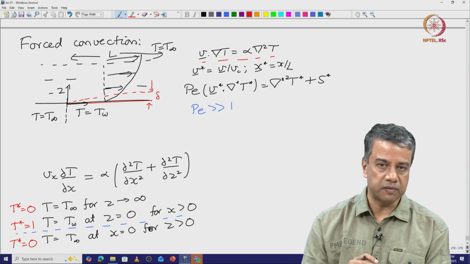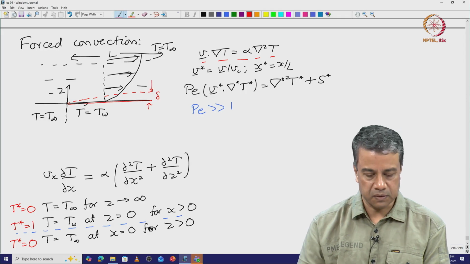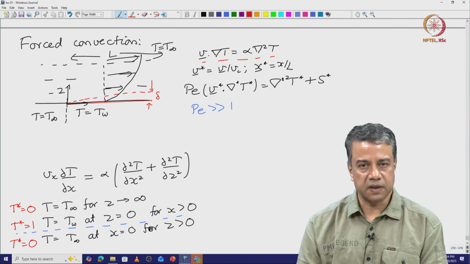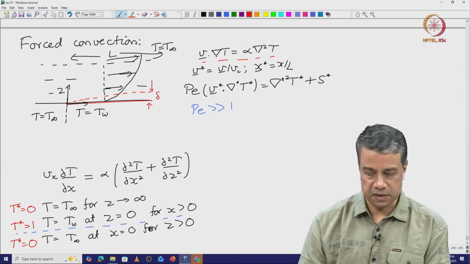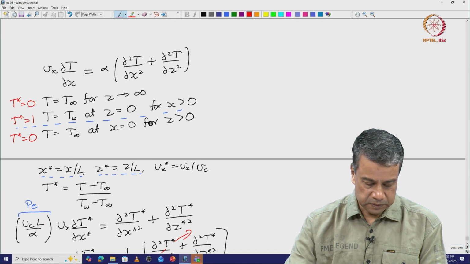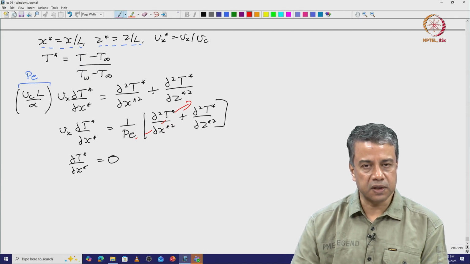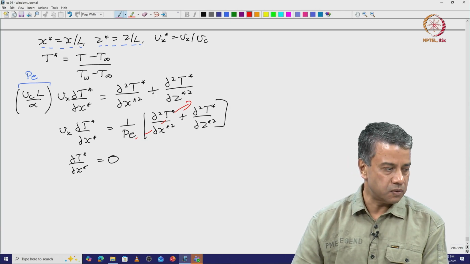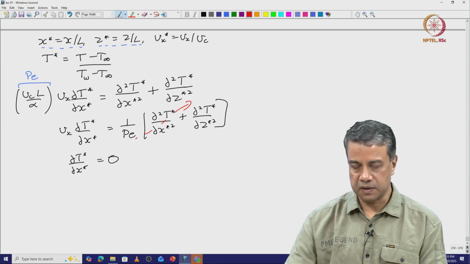You could have a balance between diffusion and convection if the thickness of the layer over which there is diffusion is relatively small, so that the gradients are large and the flux is large. So, therefore, we have to include diffusion in order to satisfy the boundary condition, or in order to include the effect of heat conduction from the surface on the temperature field close to the surface.